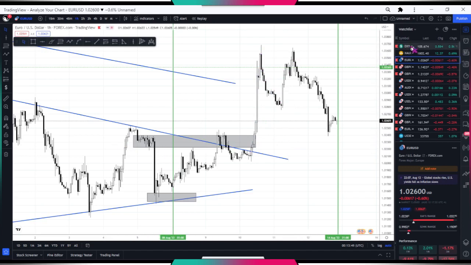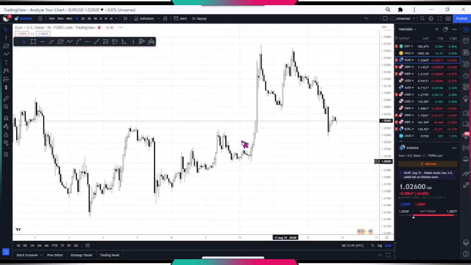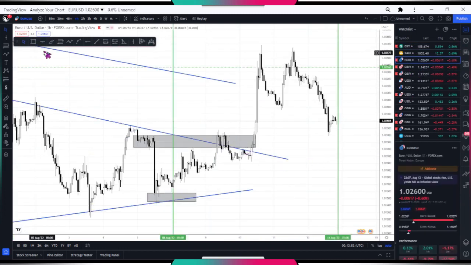On the dollar index, it was a W pattern, while on the EURUSD pair, it formed an M pattern.